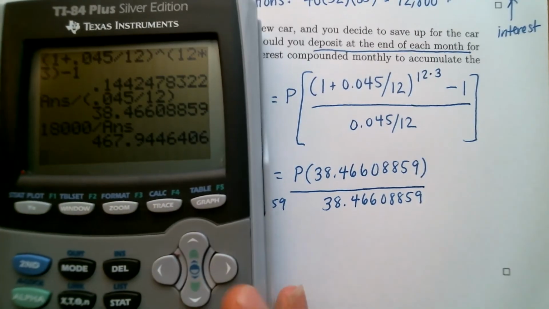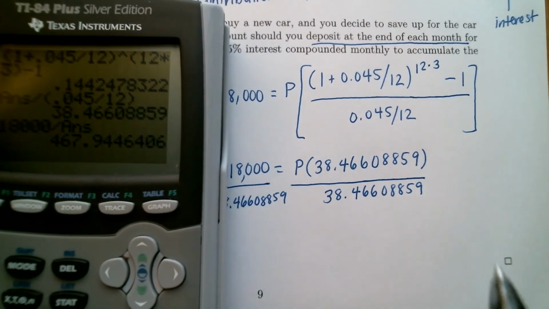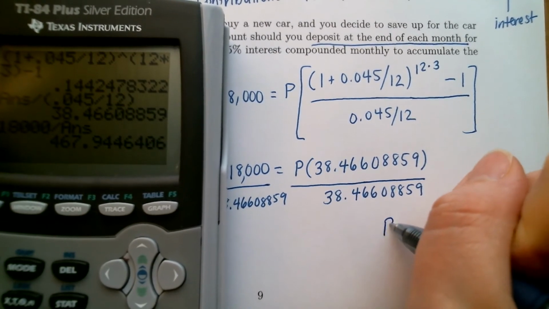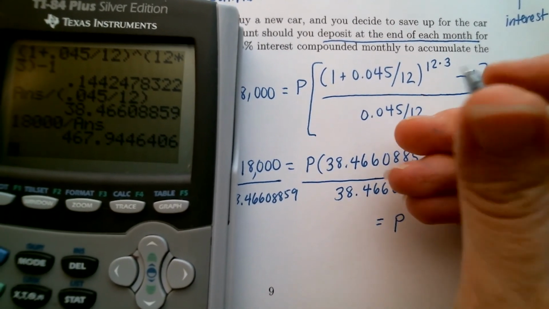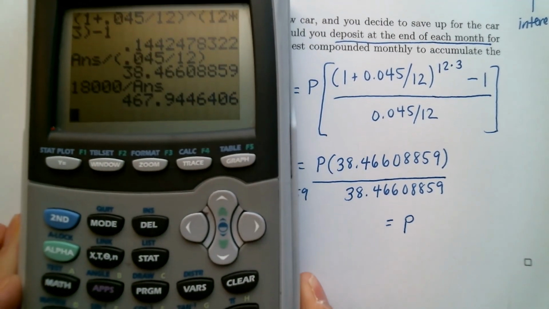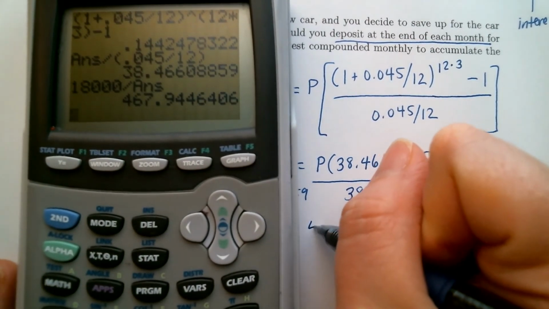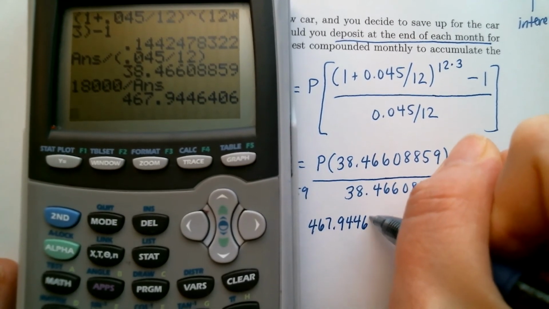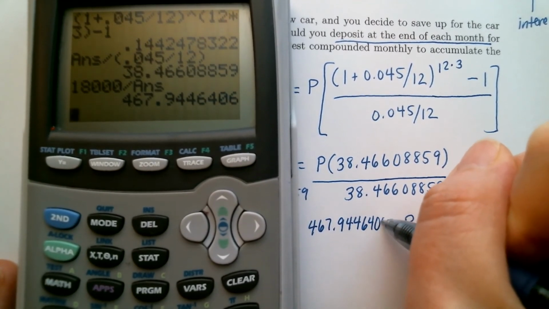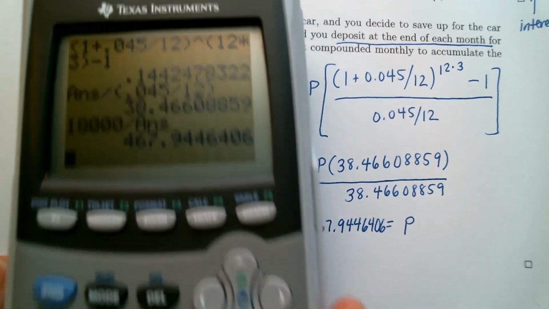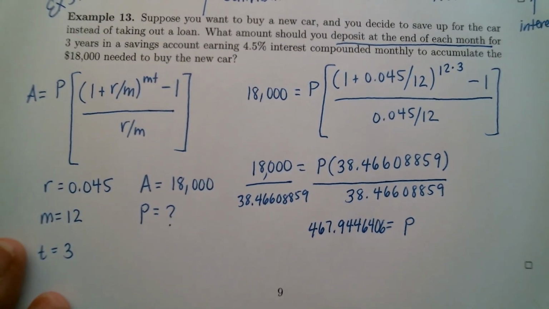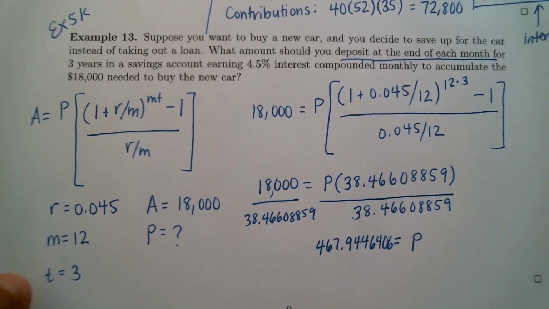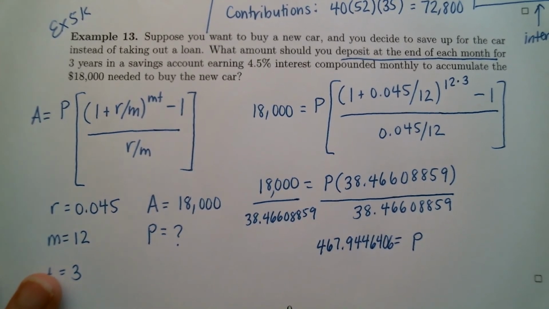All right, so this is your answer. I'll write out the entire decimal so you have it. Our P value is going to be 467.9446406. This has to be in dollars and cents, since you're making a monthly contribution to your savings account.